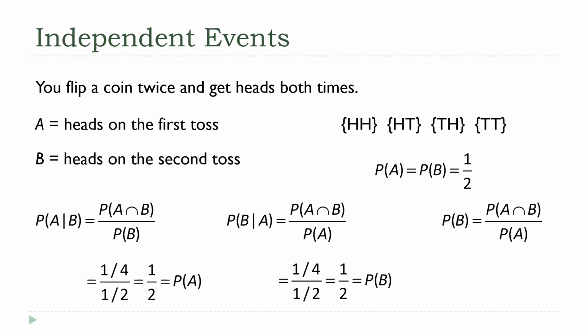Now, if I clear the fraction, if I multiply both sides by the probability of A, we get this. The probability of A and B is equal to the probability of A times the probability of B.